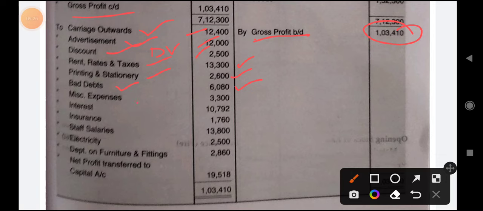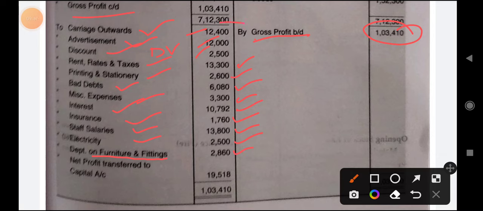Next we have miscellaneous expenses 3,300, interest, finance cost, 10,792, insurance 1,760, staff salaries 13,800, electricity 2,500, depreciation on furniture and fittings 2,860.